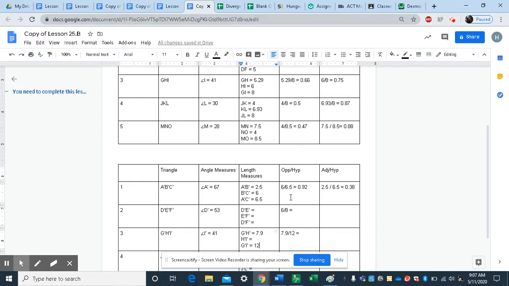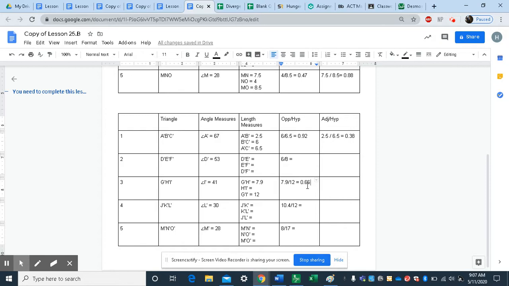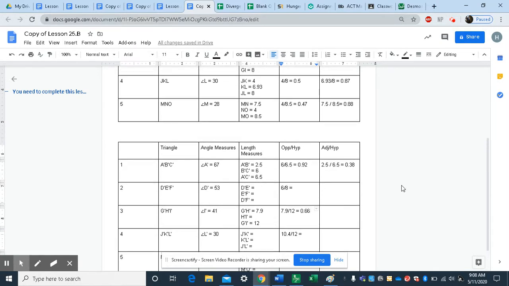Our proportions are going to be the same. They're going to be equal, especially when we divide out the decimals. What is 7.9 divided by 12? It should equal 0.66. And it does, because when we're rounding to 2 decimal places, we're rounding that third decimal place up. So we have 0.66. So now we need to find our missing H prime, I prime.